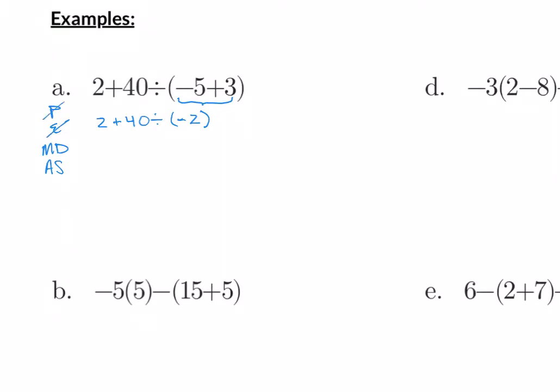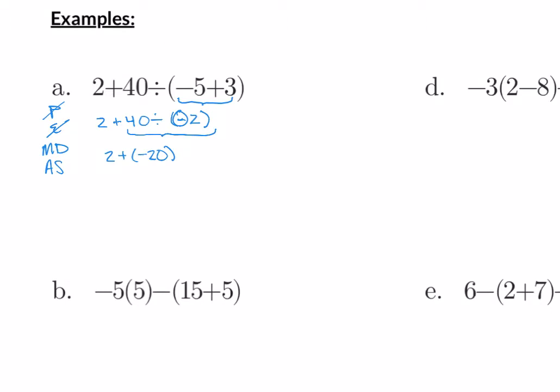We have no exponents. And so now I want to do any multiplications and divisions. We do have a division. We have 40 divided by -2. We're going to divide. We have one negative sign that we keep, so we get 2 plus -20.